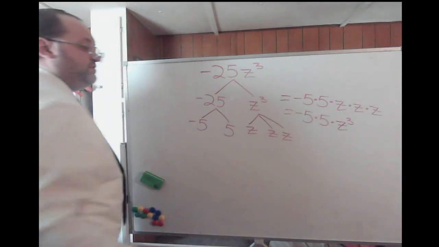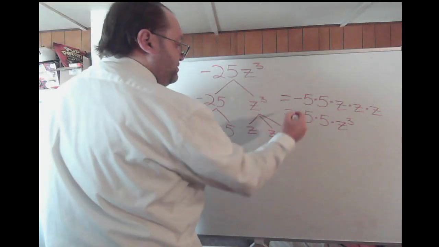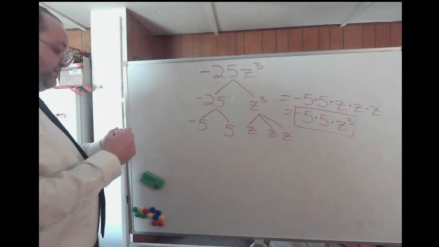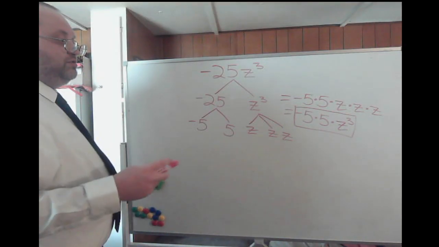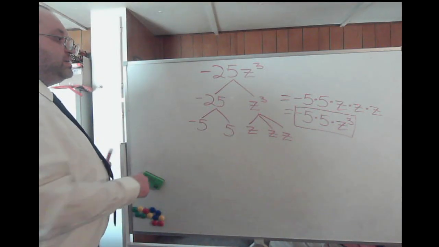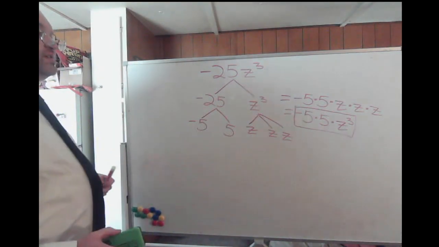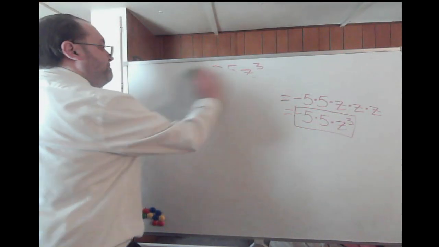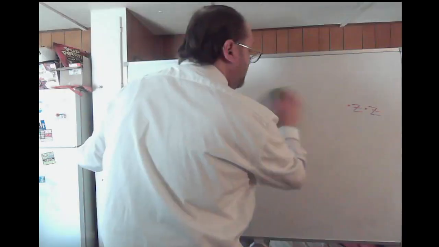We treat the negative 5 and positive 5 as different numbers. That would be your prime factorization of this monomial. Alright. What do we got here?